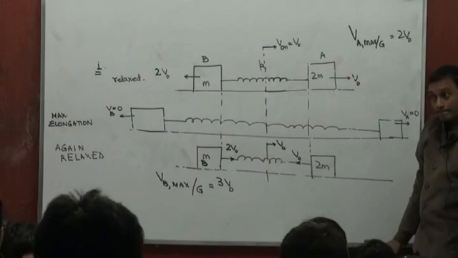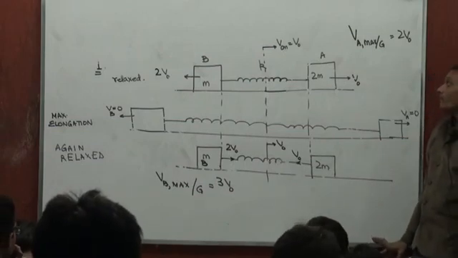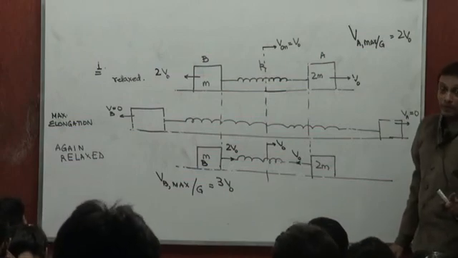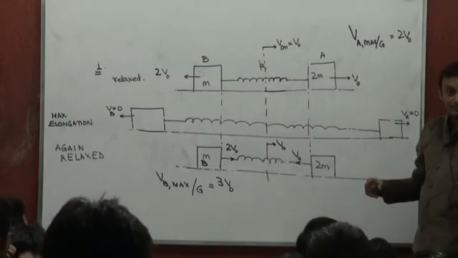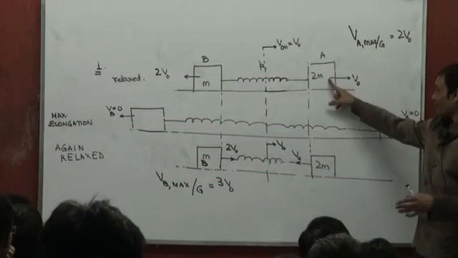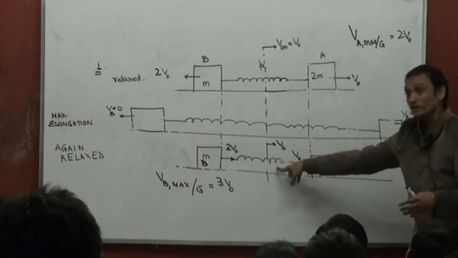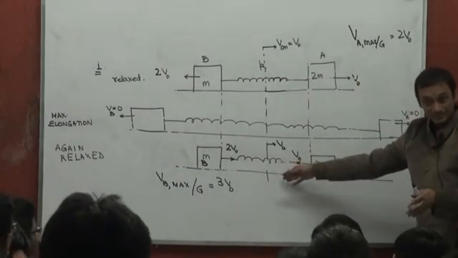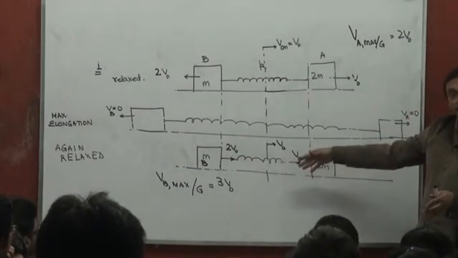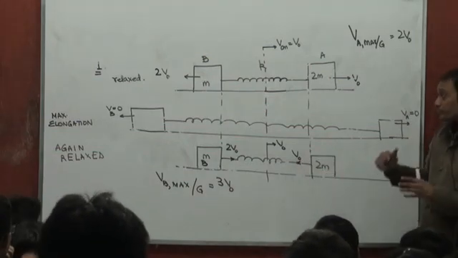Got me? Well, and by the way, they don't occur at the same time, right? Maximum of A is occurring at t equal to 0. Maximum of B is occurring when the spring is coming back, right? Yes or no?